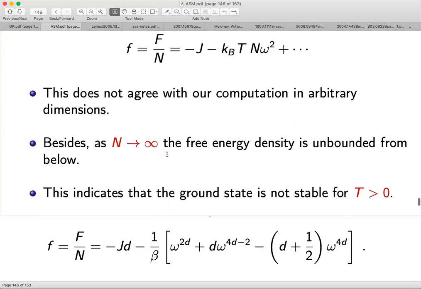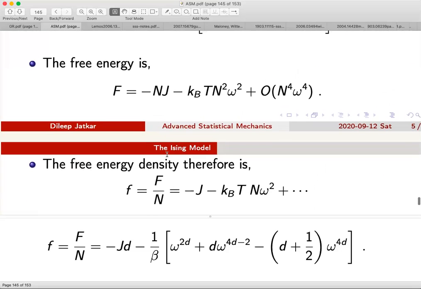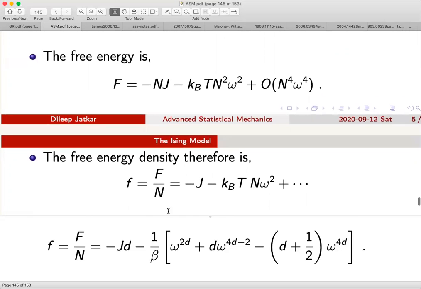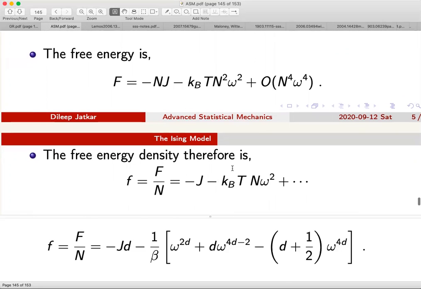In addition, if you take the thermodynamic limit later, then you have an additional problem. If you look at this expression and you try to take n going to infinity, then your free energy per site is actually unbounded from below, because this quantity is arbitrarily negative in this case.